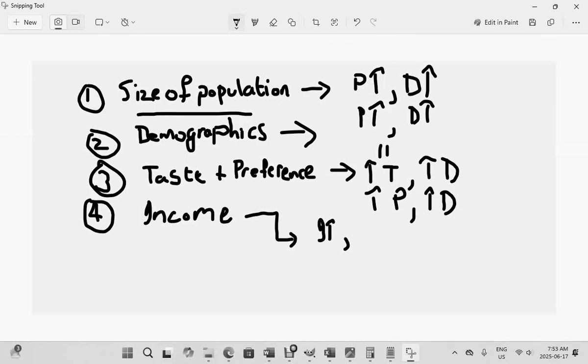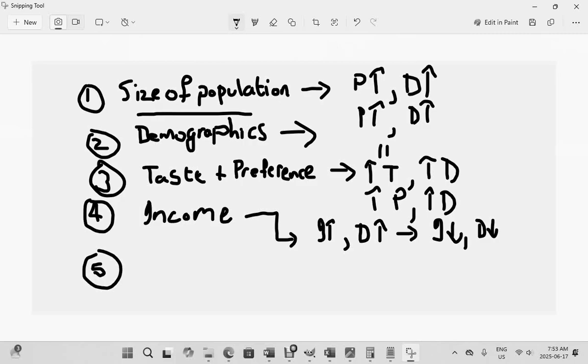As income goes down, the demand for that product will go down, right? Because obviously, if you need to buy that product, you need to have money in your bank to buy the product.